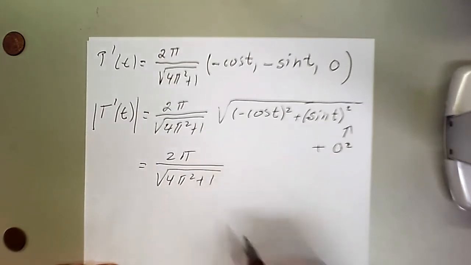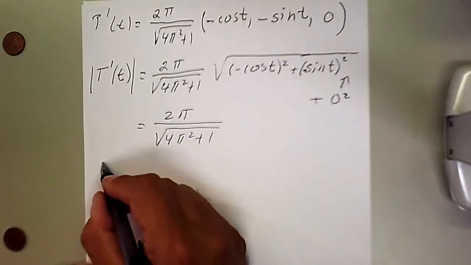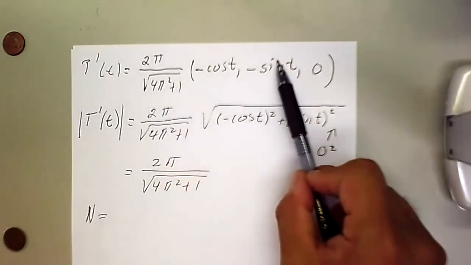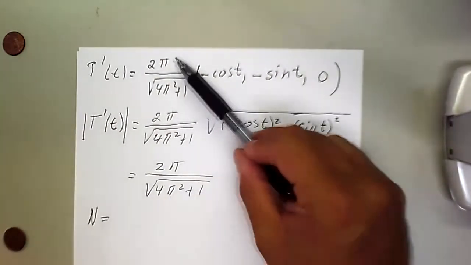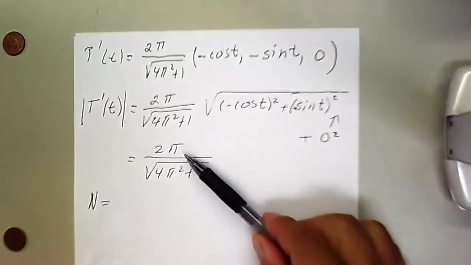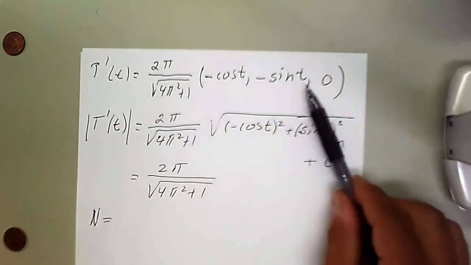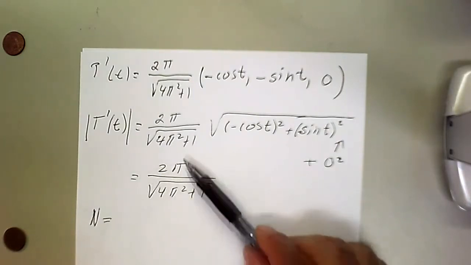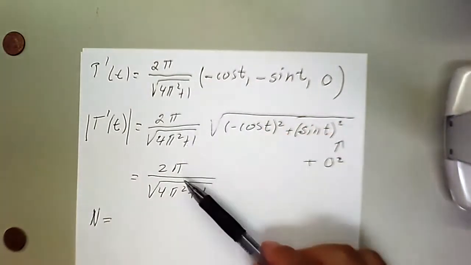Okay, so now to find the normal unit vector, we take this vector, the derivative of the tangent unit vector, and divide by its magnitude. Now, notice that this quantity is exactly the same as that. So when we divide this vector by its norm, its length, we're dividing this quantity by itself, and so we end up with 1.